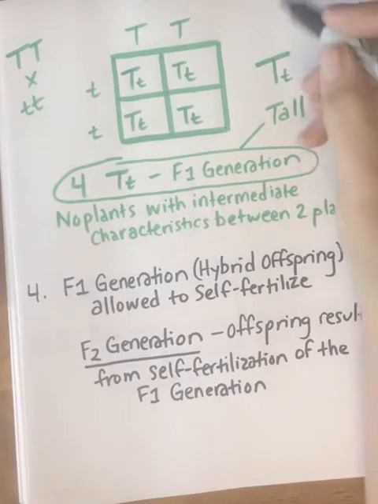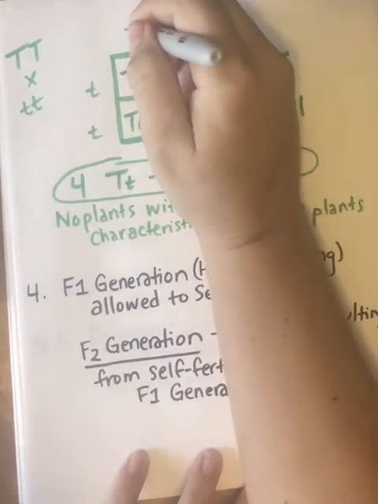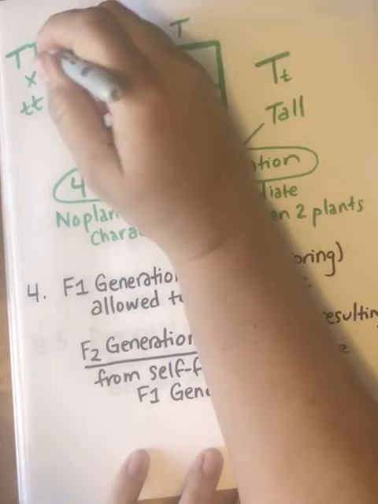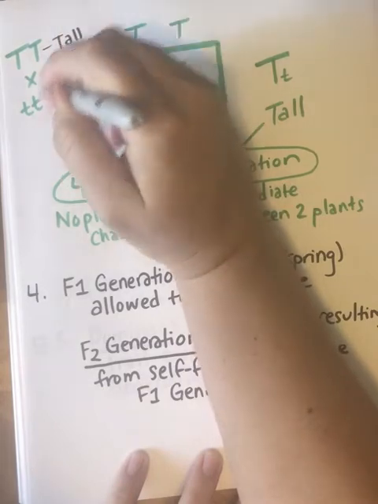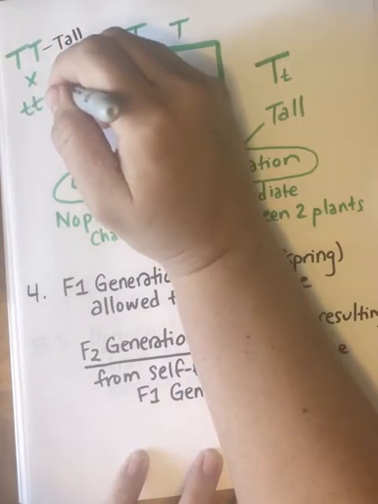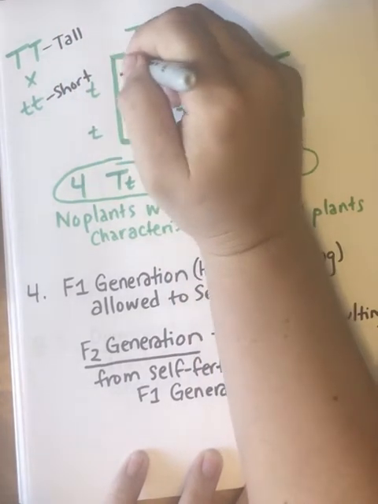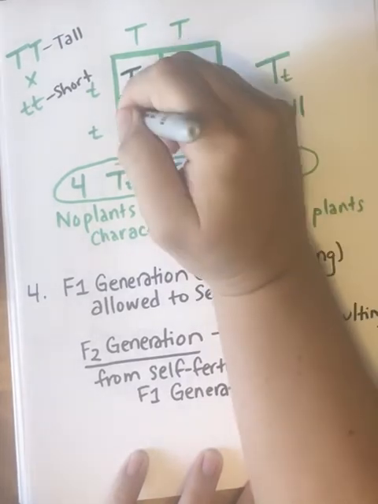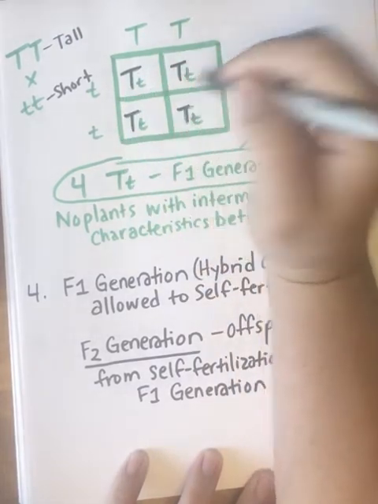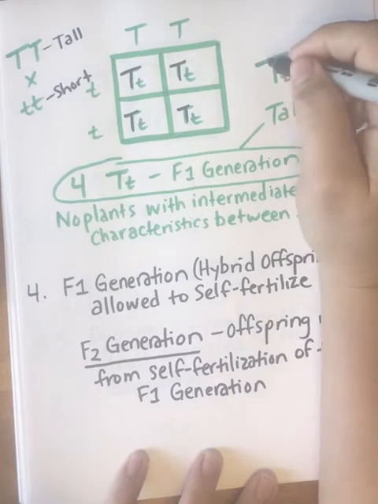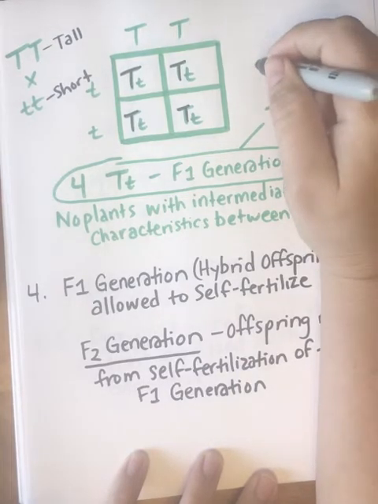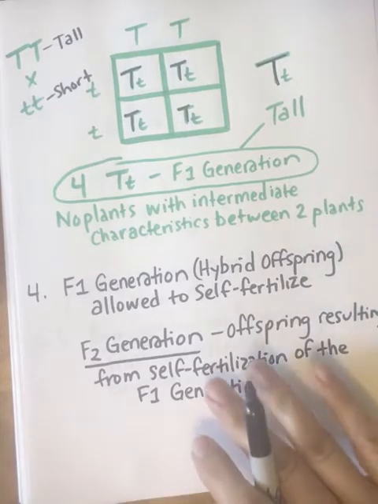In the F1 generation, we crossed a true breeding tall plant with a true breeding short plant. When the tall plant gave its genetic material to the short plant, we noticed that the tall plant was dominant. It had a dominant trait.